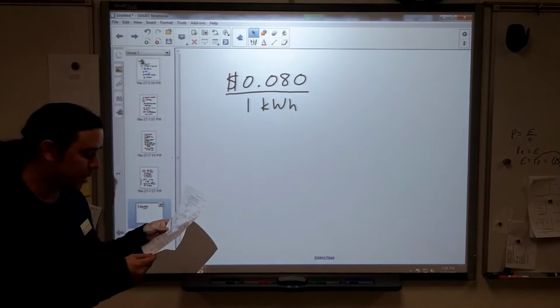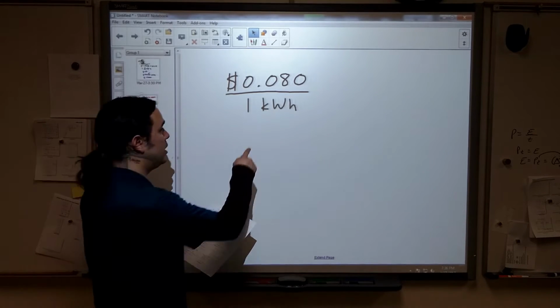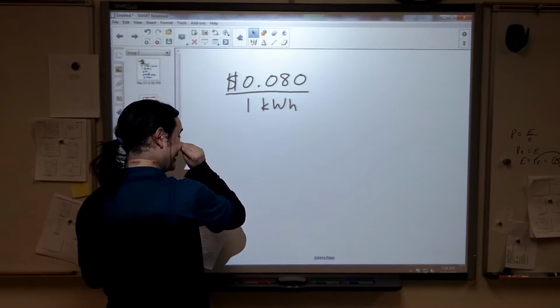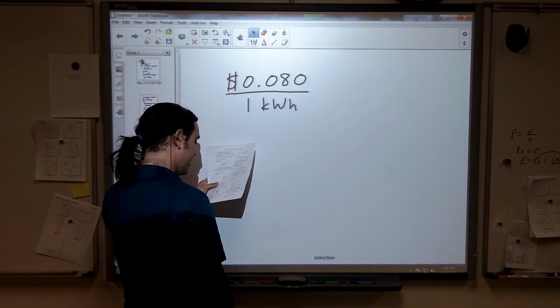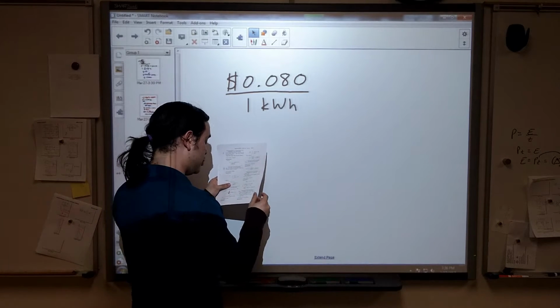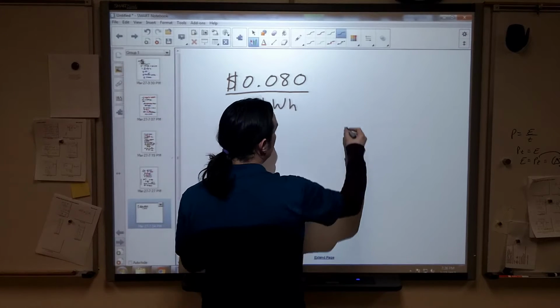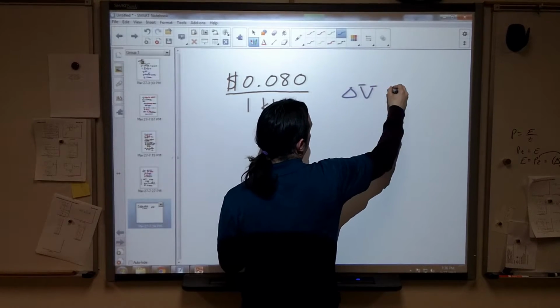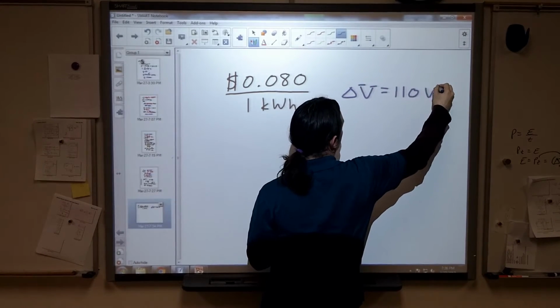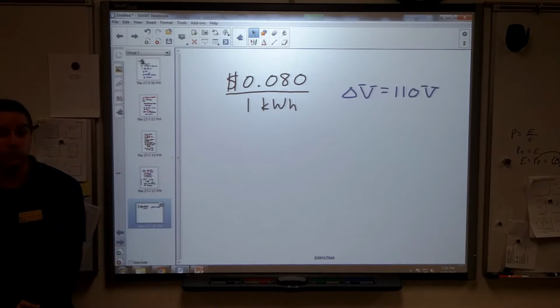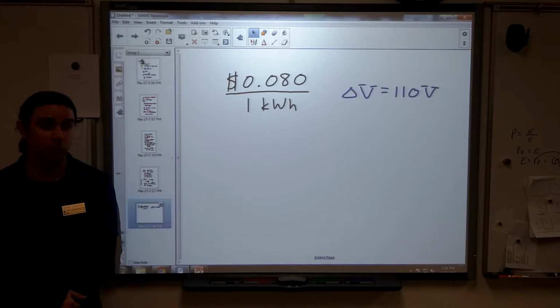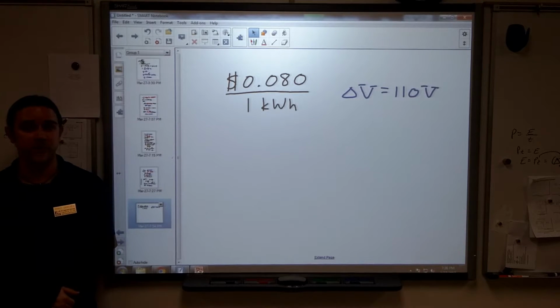So, for all of our parts, we're going to assume that we have a price of this. Every kilowatt hour will be 8 cents. All right, and that appliances have a potential difference across them, delta V, of 110 volts. I kind of prefer to use 120 volts, but 110, 120 are both very good representative values for what we have in real life.